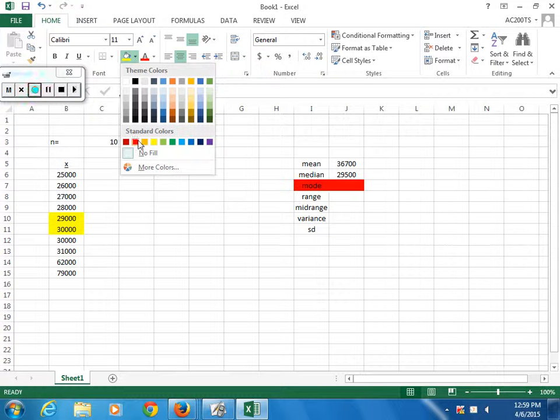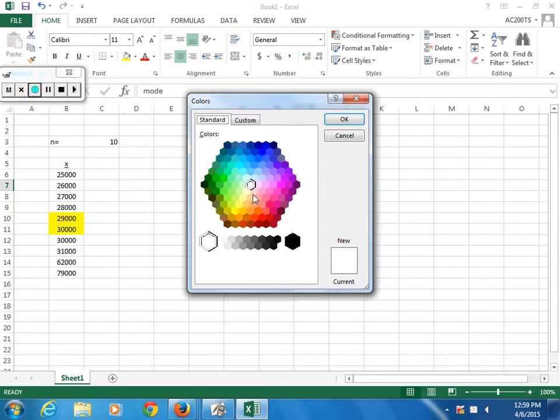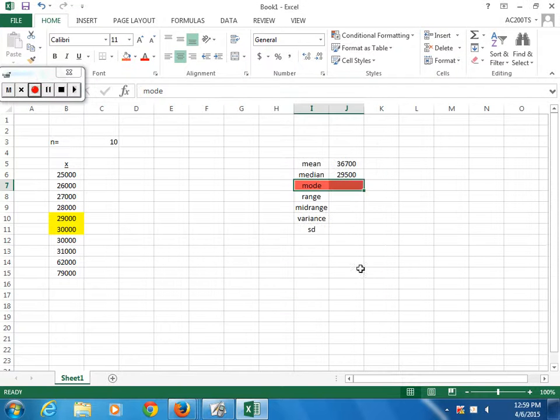We'll just make that red. And that's going to equal 30,000.